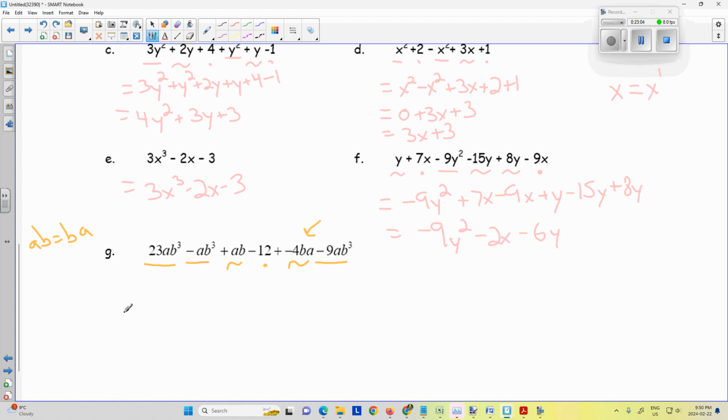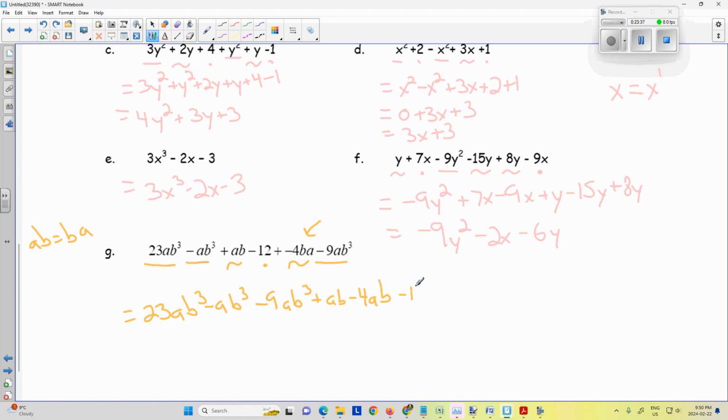So let's go write these out. We're going to equals 23 AB cubed minus AB cubed minus 9 AB cubed plus AB. That should be a minus. Minus 4. I'm going to rearrange this now because I want to communicate better.